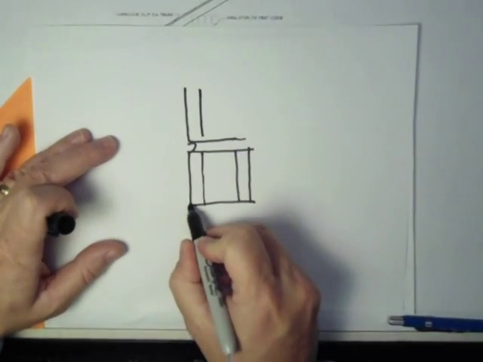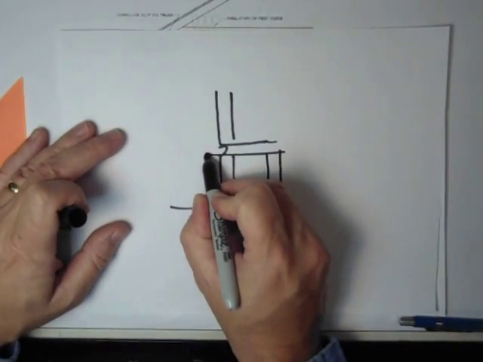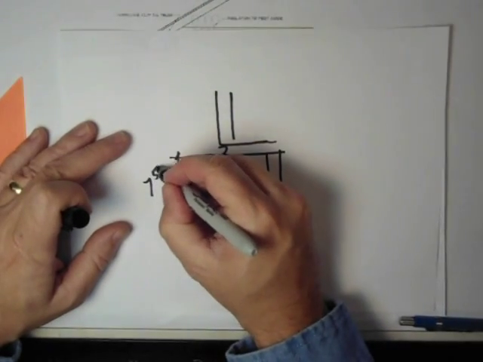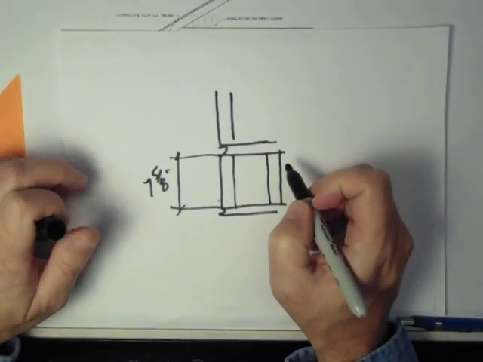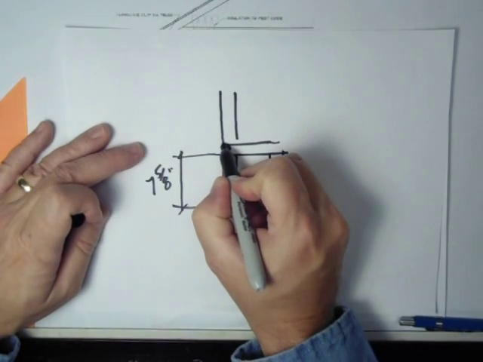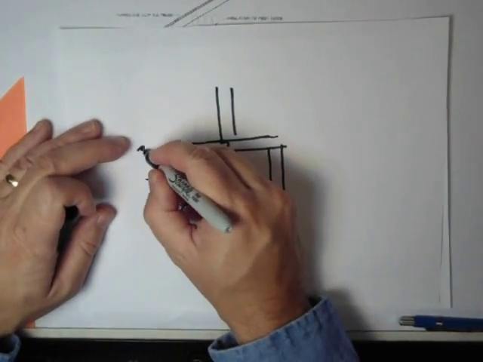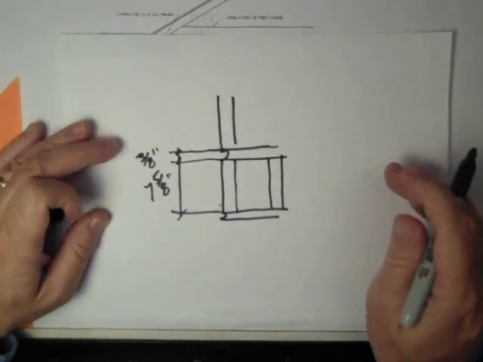That concrete block that you just drew is in actuality 7 5/8 inch tall, as well as 7 5/8 inch wide for an 8-inch concrete block. But the mortar joint it takes to put them together is 3/8 of an inch. So when you add those together, you'll get the 8 inches.